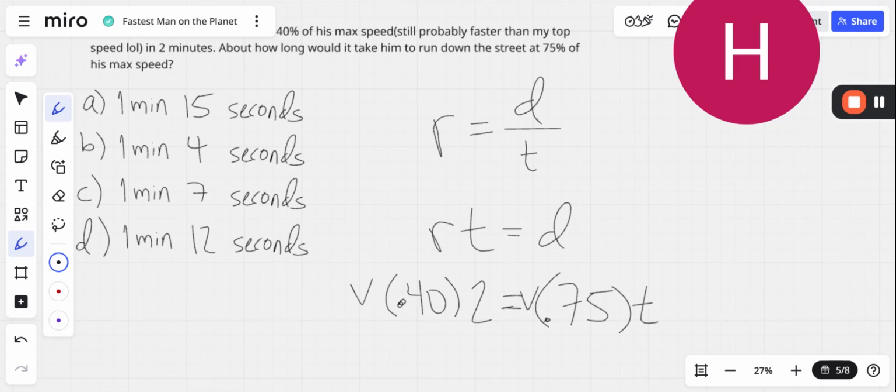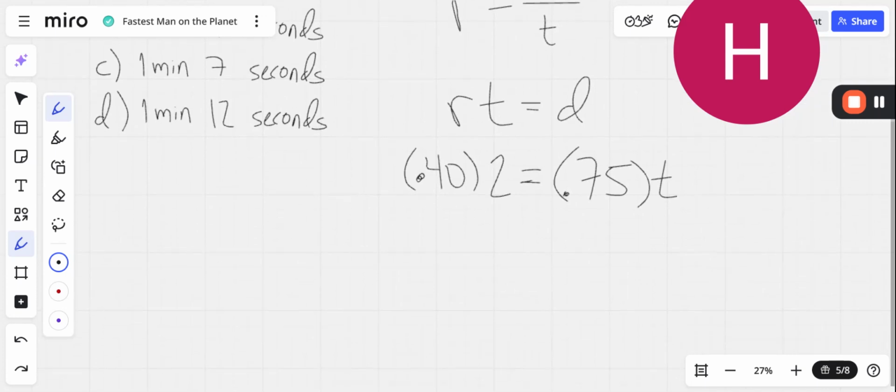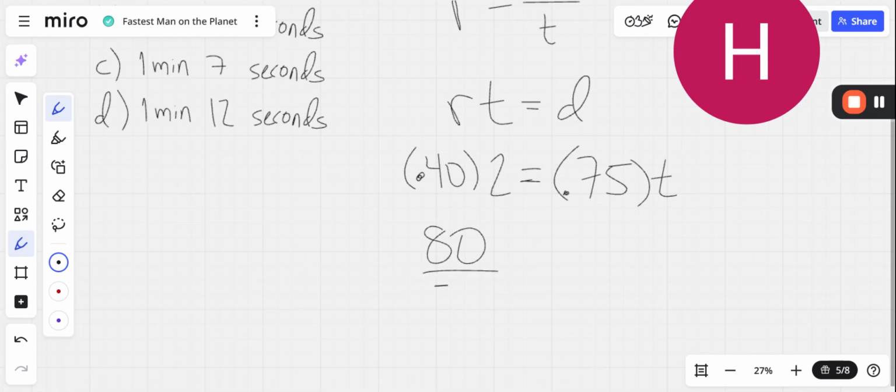Let's call it v. And so they cancel each other. They don't really matter. Now we can make a proportion by saying t is simply, let's get rid of these decimals, let's just call it 80 over 75 equals t.